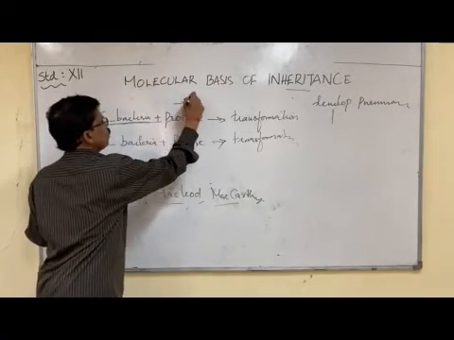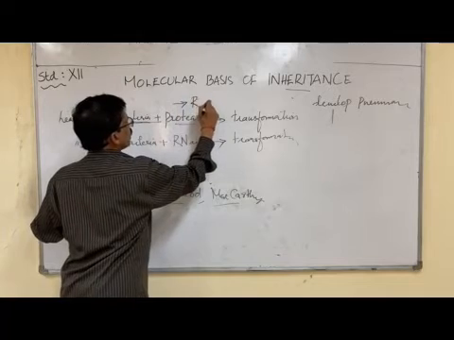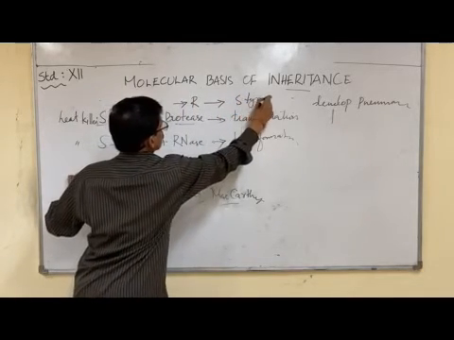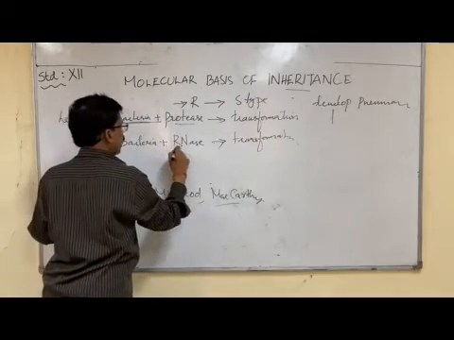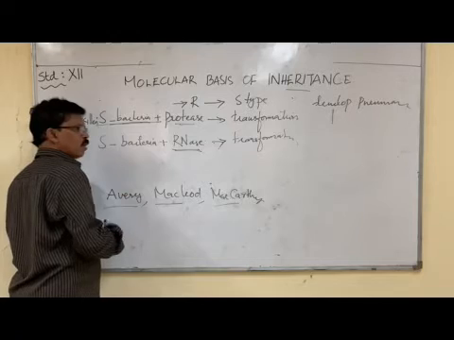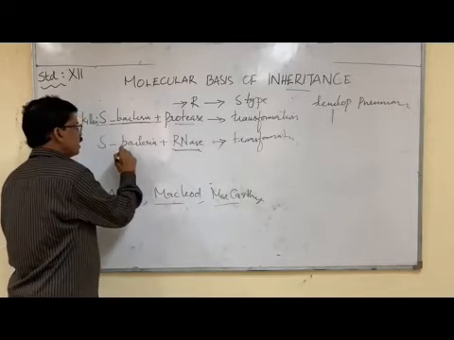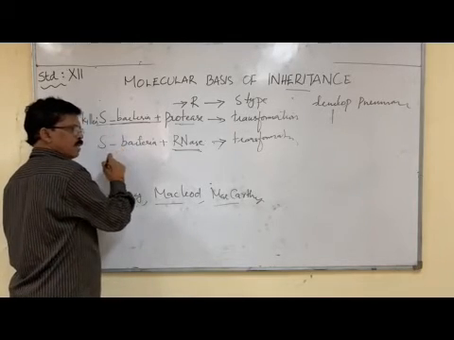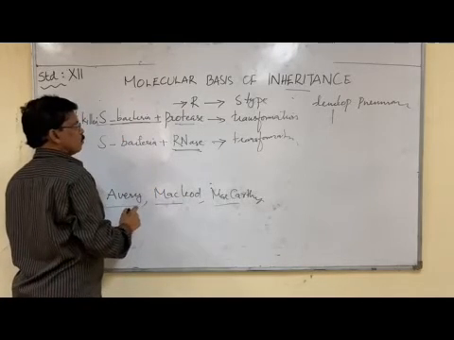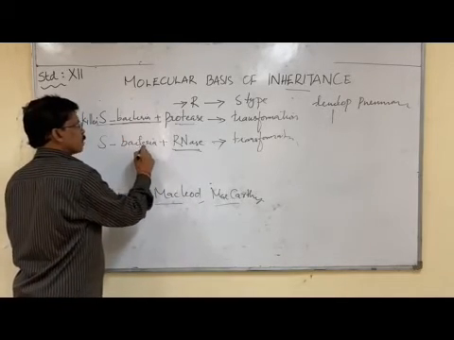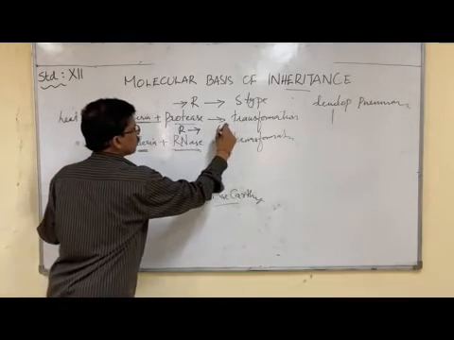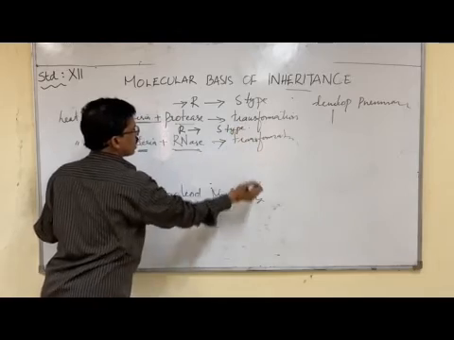Here also, with the RNase enzyme, only the RNA is digested. DNA is intact, so the DNA transformed the R type bacteria into S type, and the transformation took place.